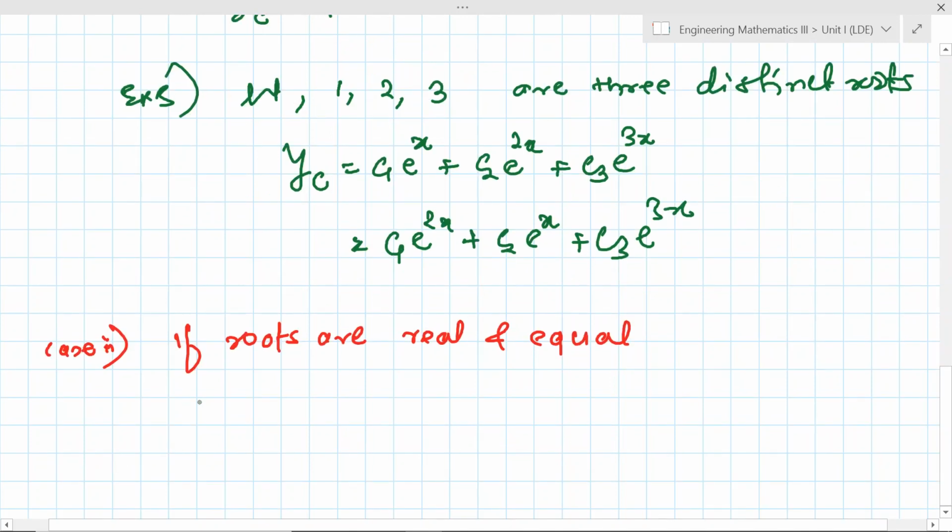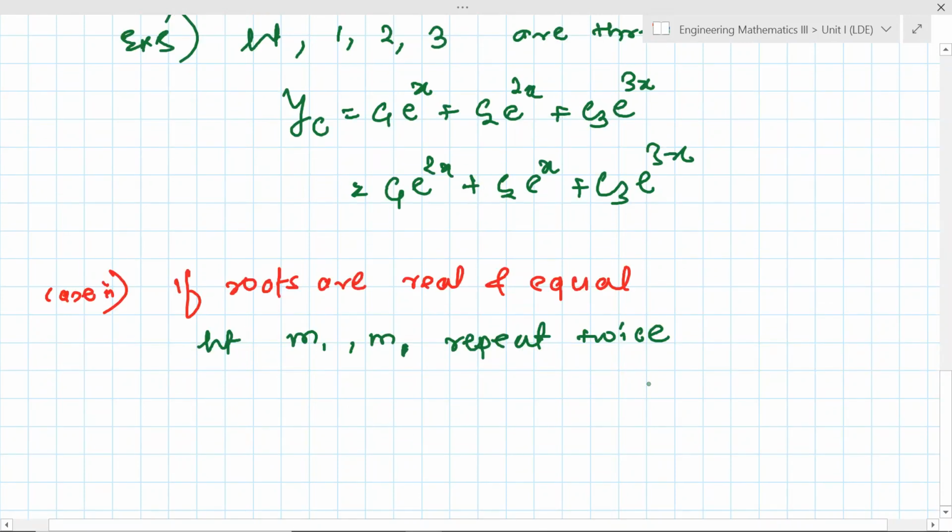Suppose m1 repeats twice, or thrice or whatever. So what is my complementary function in this case? So yc is equal to, see what I'm writing, c1 plus c2x into e raised to m1x, because m1 repeated twice.